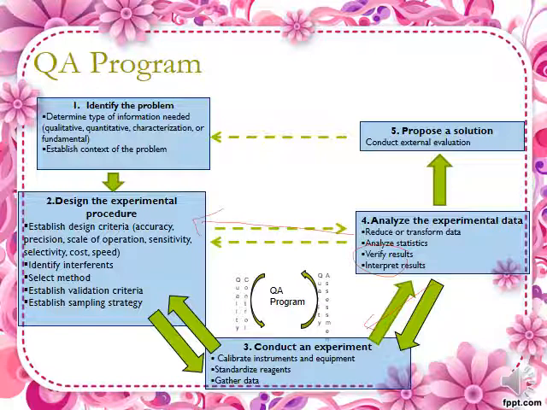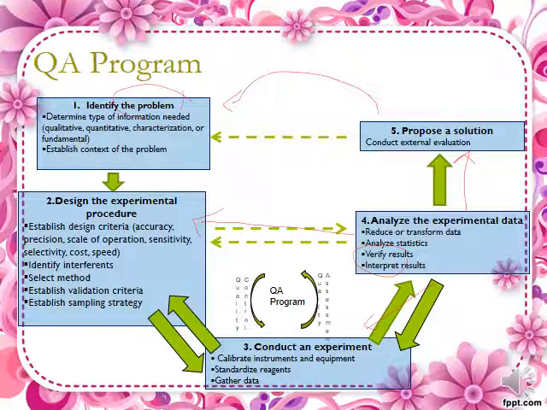Probably the selected procedure is not suitable. If the result is okay, then you can proceed to the last step, which is to propose a solution which answers the problem identified in the first stage.